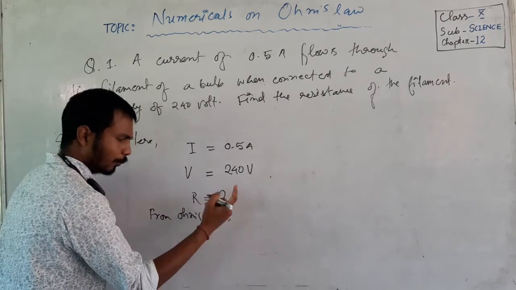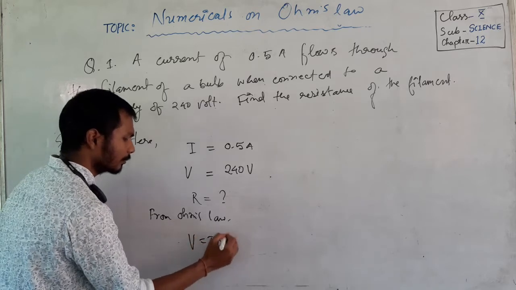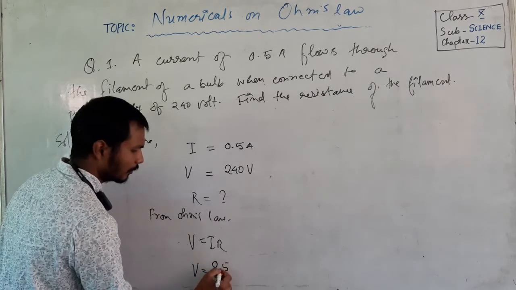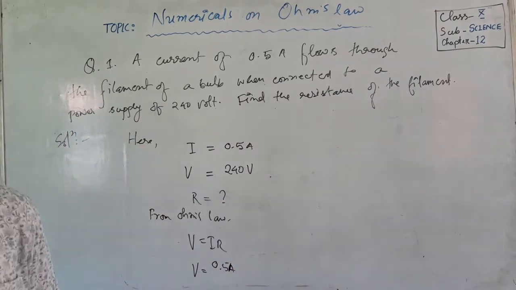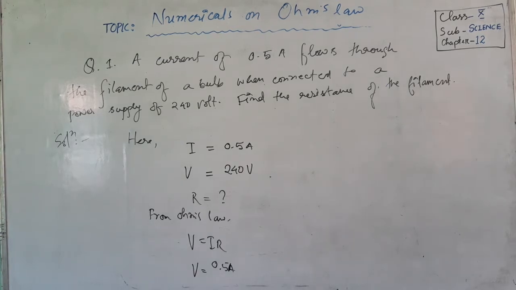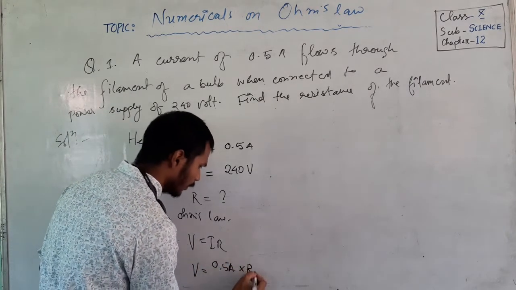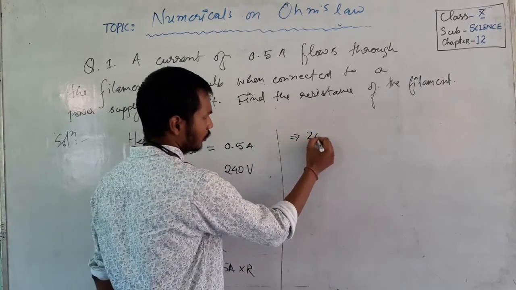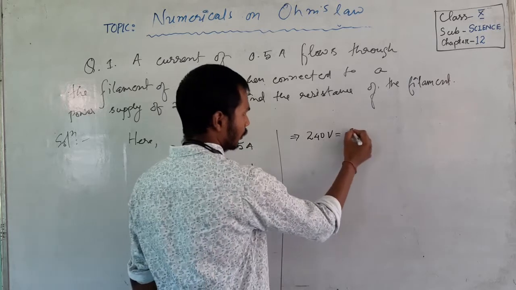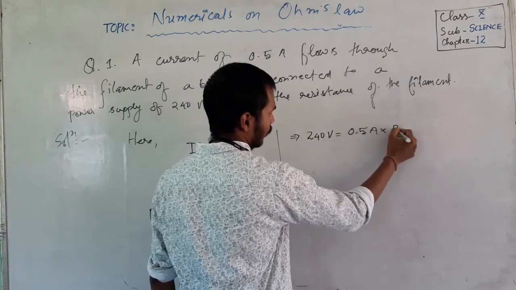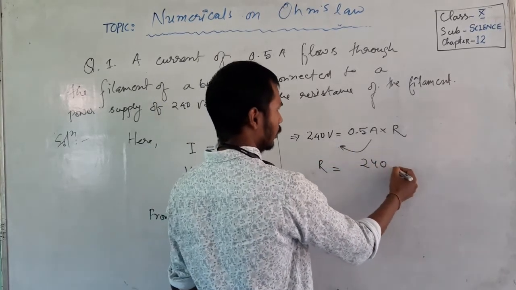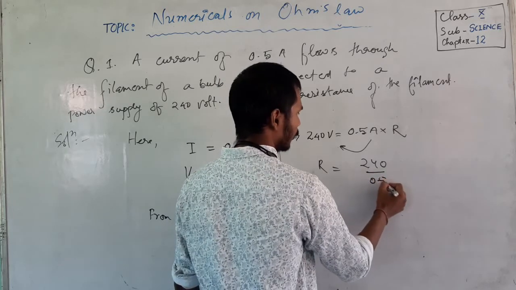From Ohm's law we have V is equal to IR. So V equals, what is the value of I? I is 0.5 ampere, into resistance. What is the value of V? Given 240. So this implies that 240 volt is equal to 0.5 ampere into resistance. Transposing this to this side, resistance will be equal to 240 divided by 0.5.